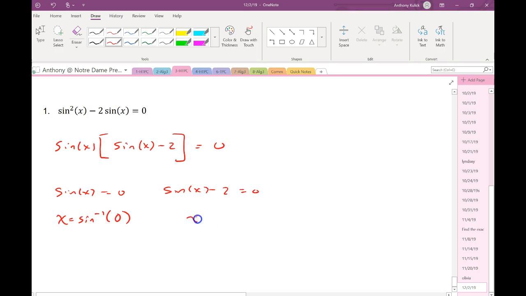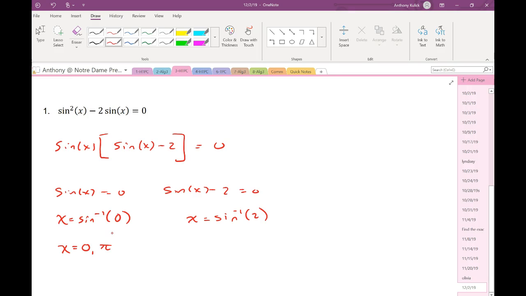Here I'm going to add 2 and then take the sine inverse. So if I go to the unit circle, the y-coordinate is equal to 0 at 2 places, 0 and pi.